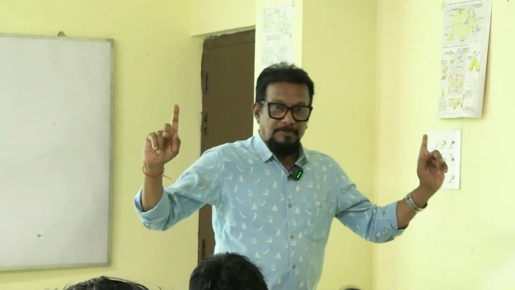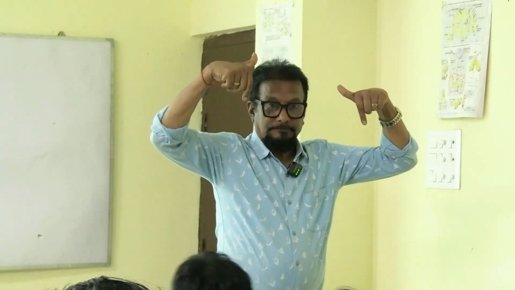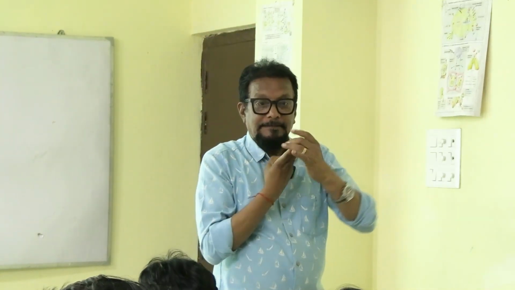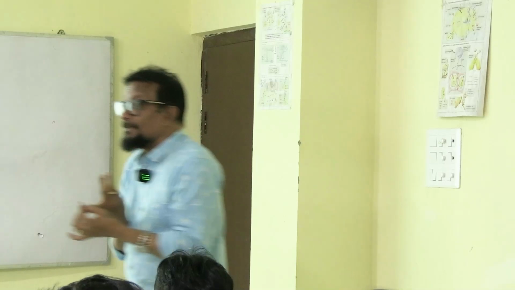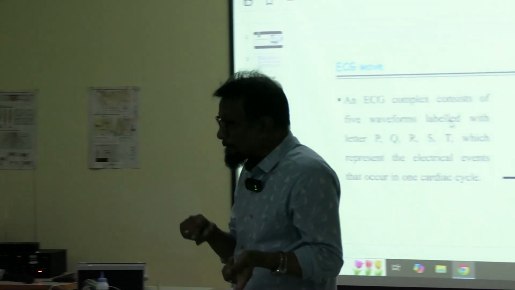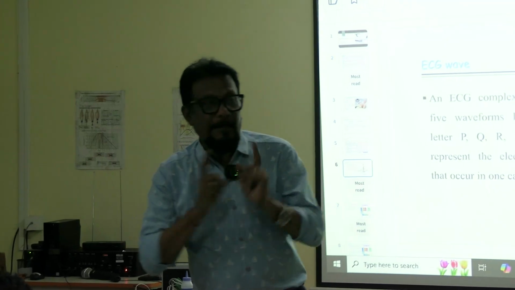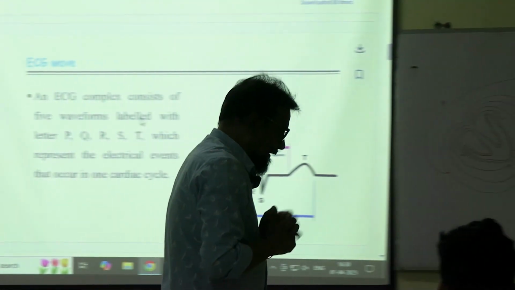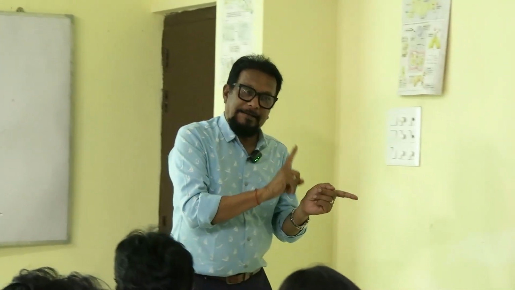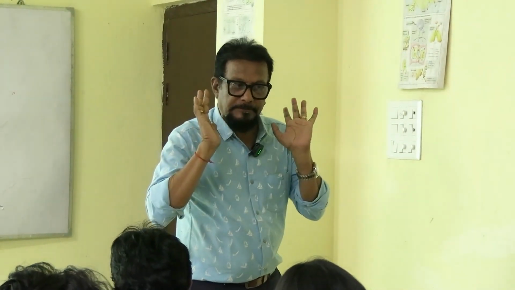Bipolar has three leads: lead one, lead two, lead three. What are these, bipolar or unipolar? Correct, bipolar. These bipolar leads will have one negative electrode and one positive.